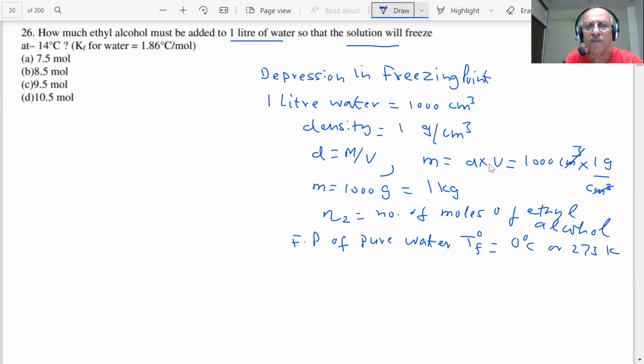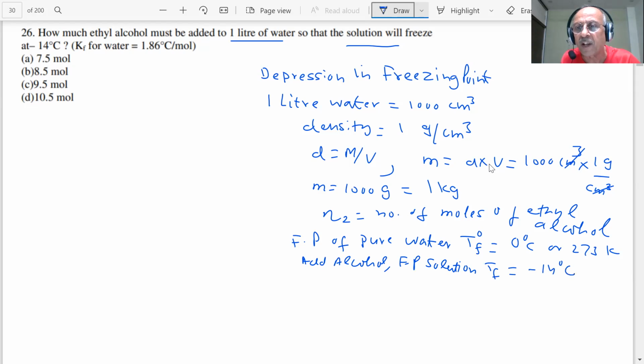Now, what is going to happen? Minus 14 degrees Celsius. For the difference in freezing point, whether you take Kelvin or Celsius makes no difference. When you add alcohol, the freezing point of the solution is less. There is a lowering in freezing point, that I am saying is TF, which should be minus 14 degrees Celsius, so that the solution will freeze at minus 14 degrees Celsius.